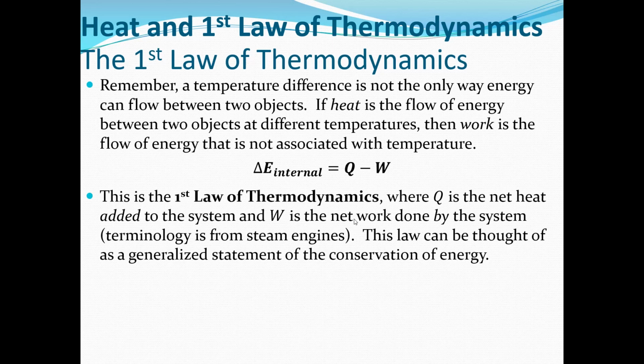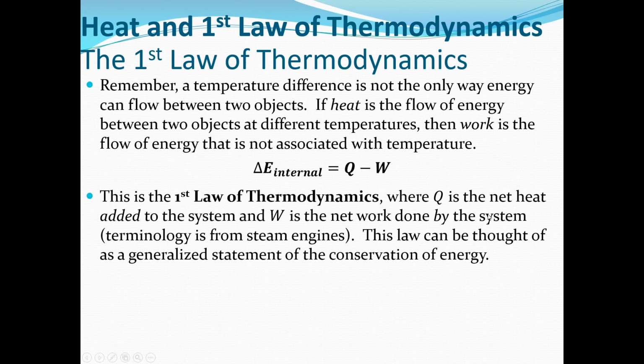You might see Q being negative, where Q is the net heat lost, removed from the system. So the sign really is based off of the definition. The definition we're using is that the numbers we're plugging in are positive if Q is added to the system and if W is done by the system.